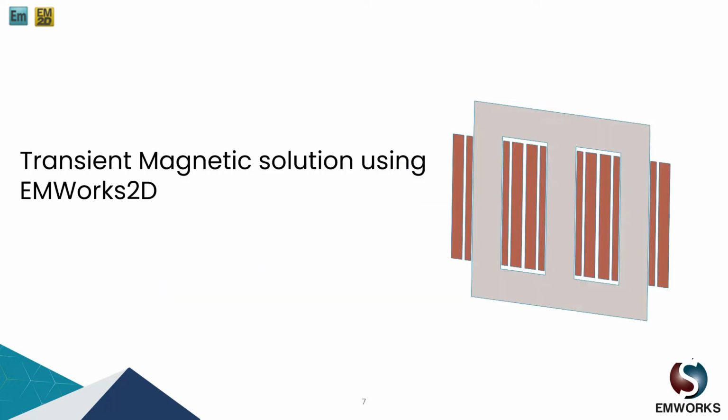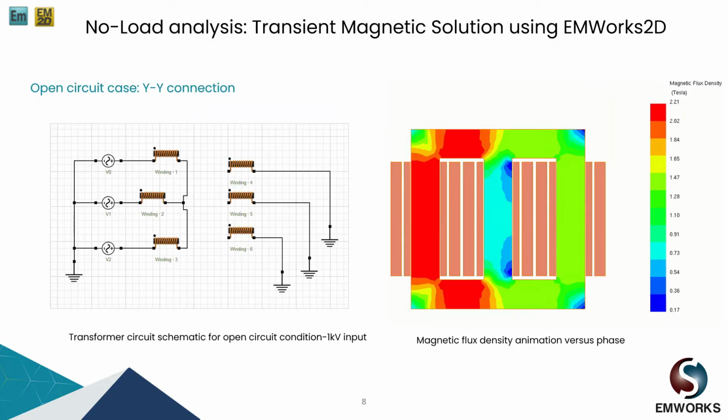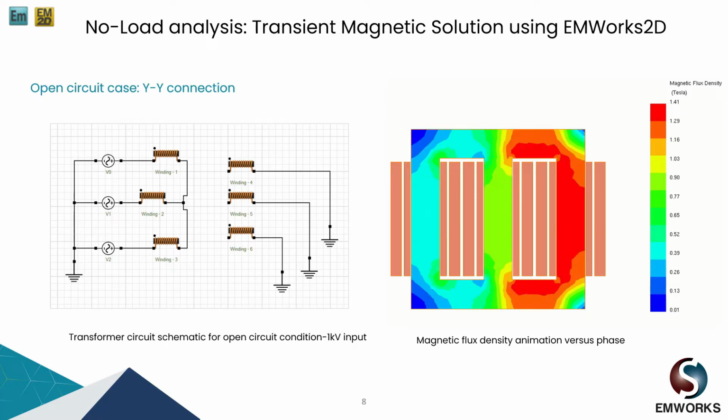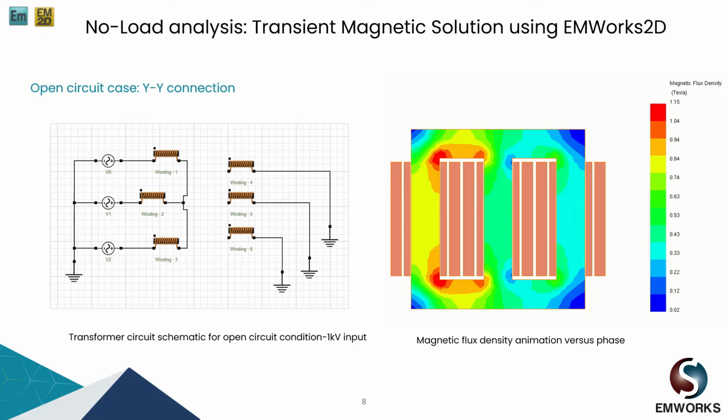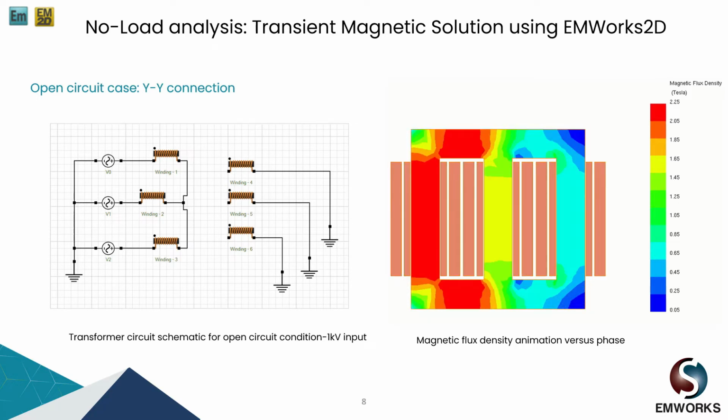So, transient magnetic solution using EMWorks2D. This is our first analysis. An open circuit analysis is performed. As you can see at the left side, we have a circuit modeled inside the software using the EMWorks2D circuit simulator.